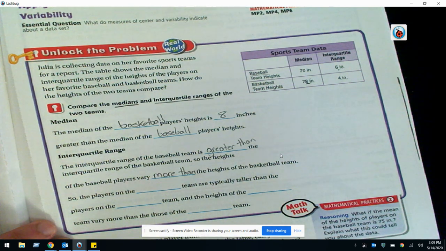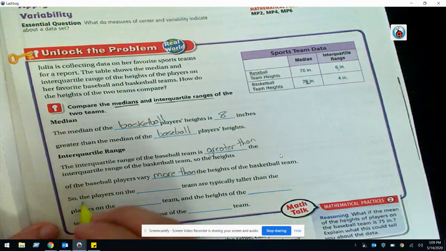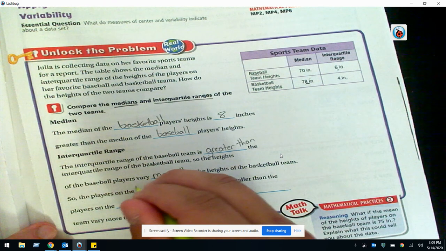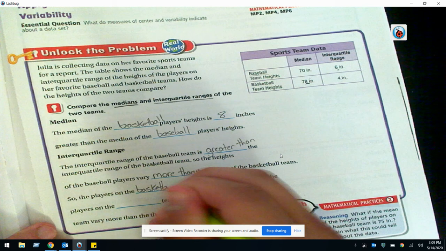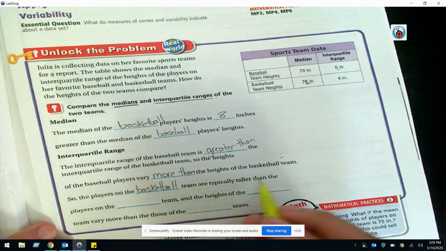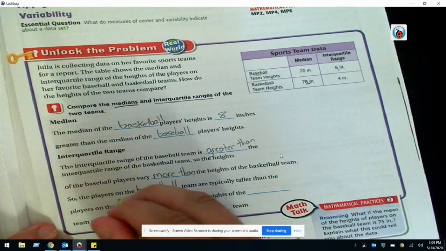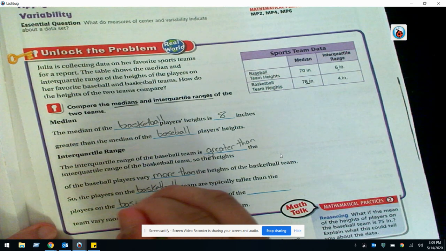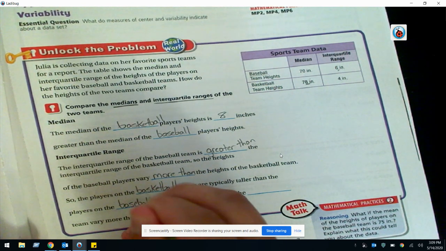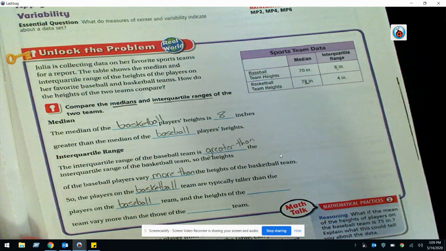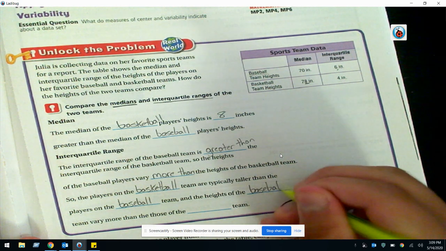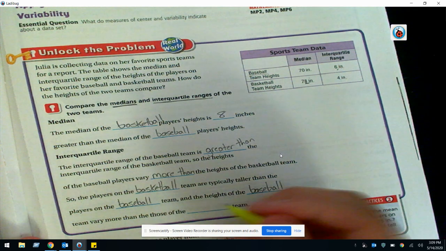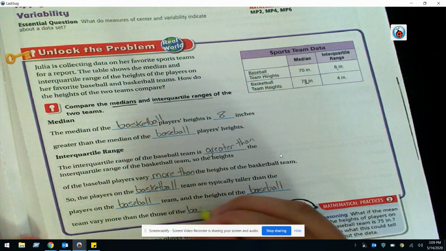The heights of the baseball players vary more than the heights of the basketball team. So the players on the basketball team are typically taller than the players on the baseball team, and the heights of the baseball team vary more than those of the basketball team.